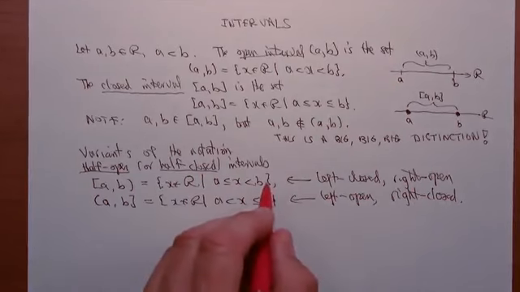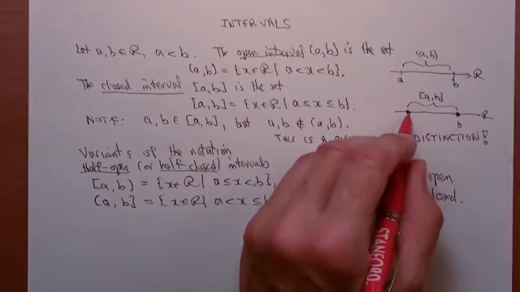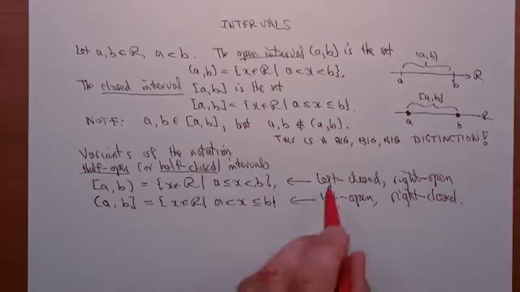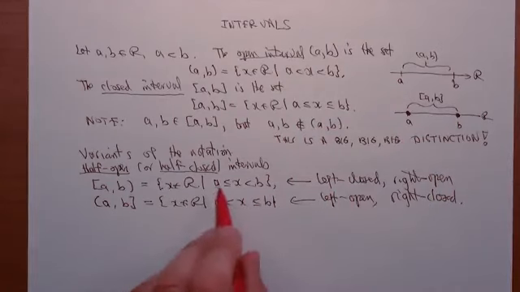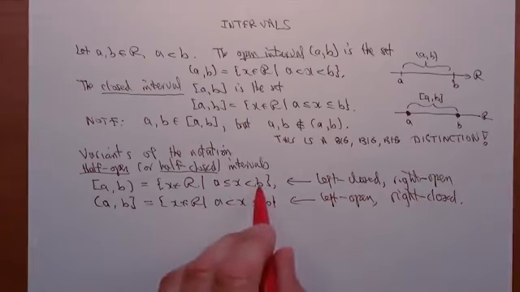So the word closed means you include the endpoint, and open means you exclude the endpoint. So if it's left closed, the left endpoint is included. If it's right open, the right endpoint is excluded.